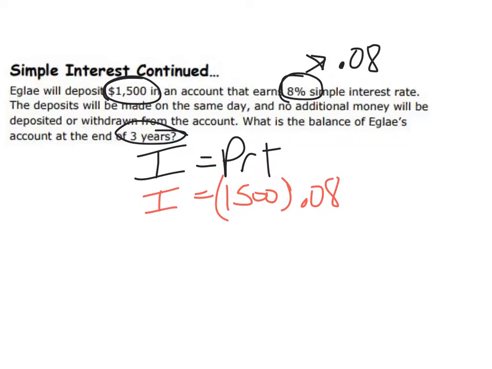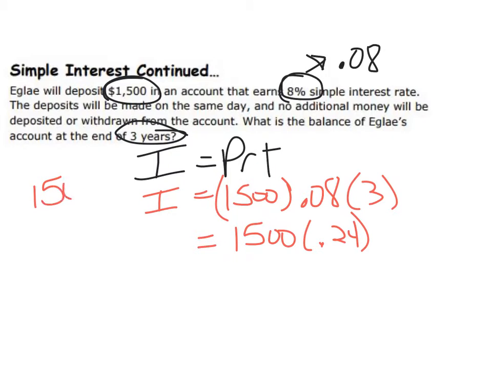And then we have our time, which is 3 years. Okay, so now we're going to go ahead and multiply. So I could multiply 8 times 3. What's 8 times 3? 24. But remember, you have 2 decimal place values, so that's going to be 0.24. So now all I have to do is multiply.